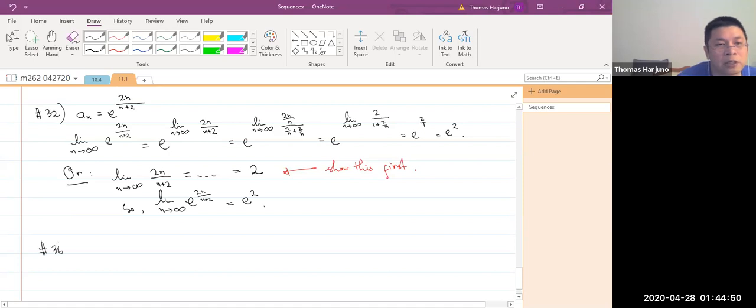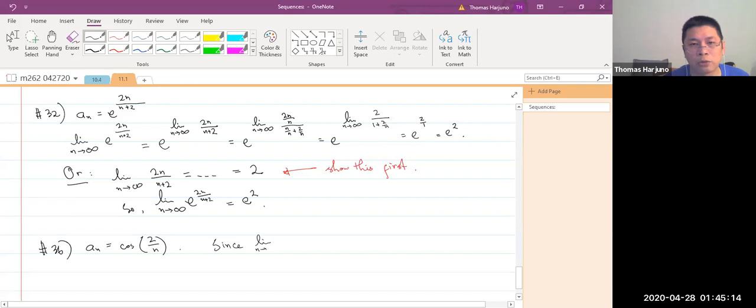Number 36, we have the nth term equal to cosine of 2 over n. Now the way we argue: since the limit as n goes to infinity of 2 over n equals what?